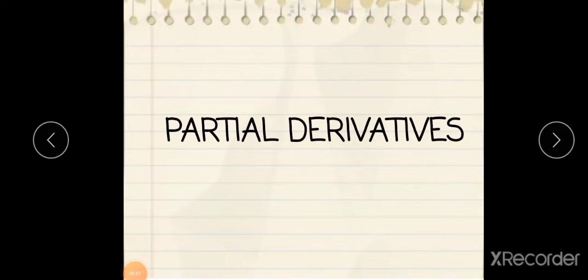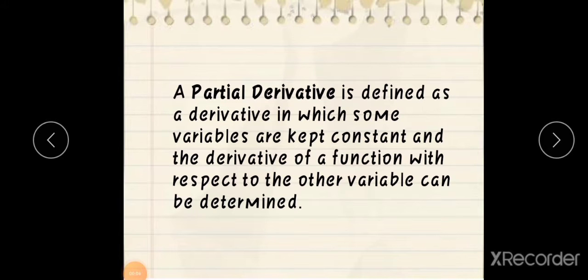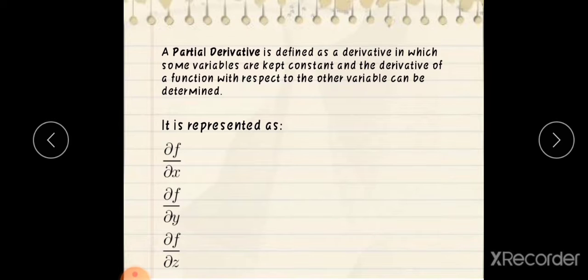Partial derivatives. A partial derivative is defined as a derivative in which some variables are kept constant and the derivative of a function with respect to the other variable can be determined. The notation of partial derivative is represented as these three notations.